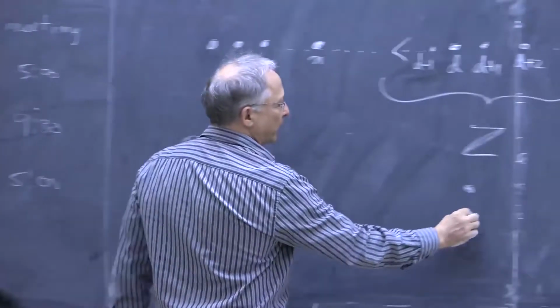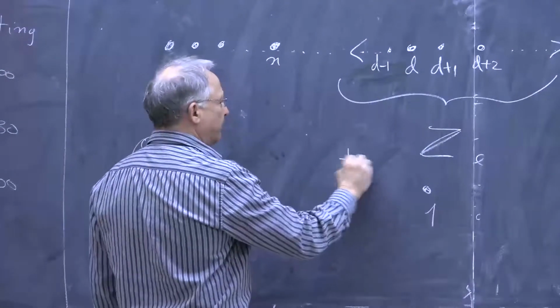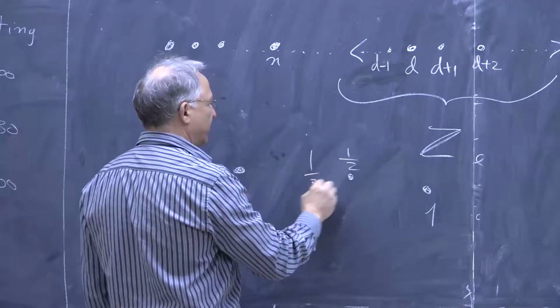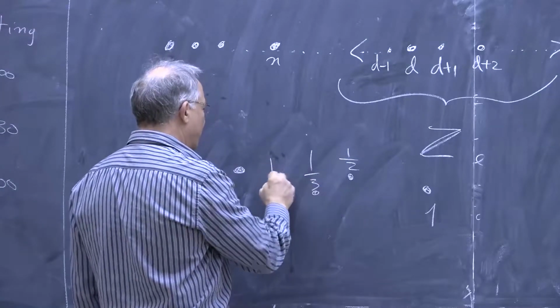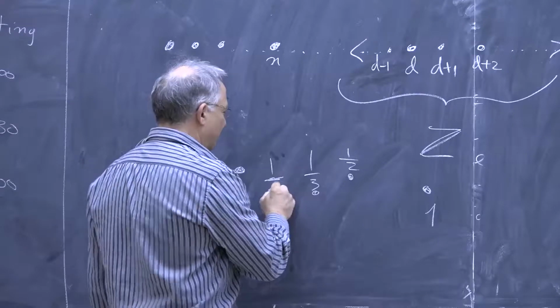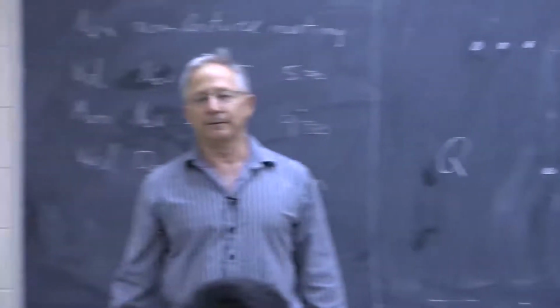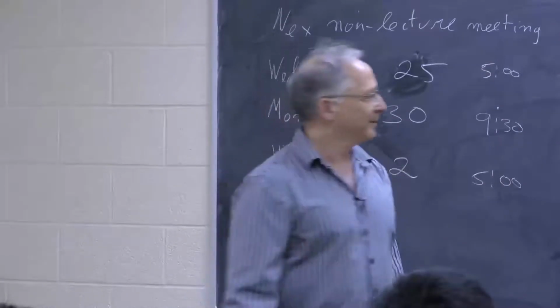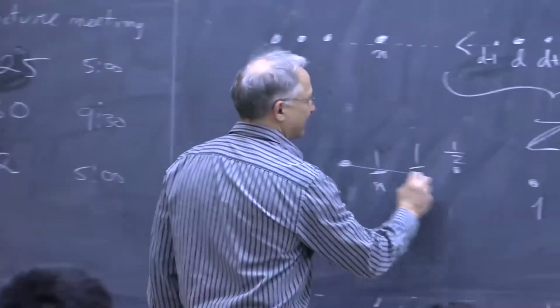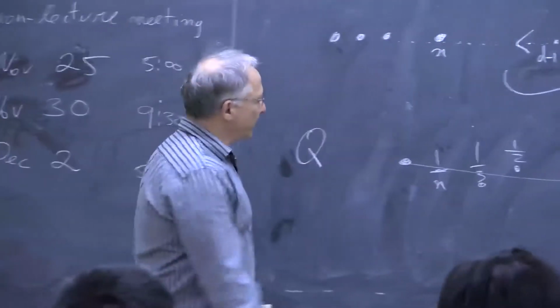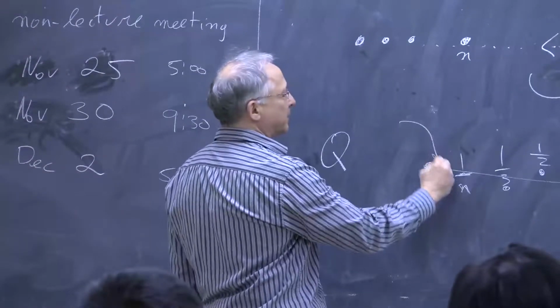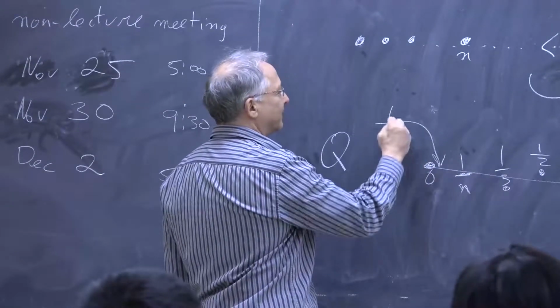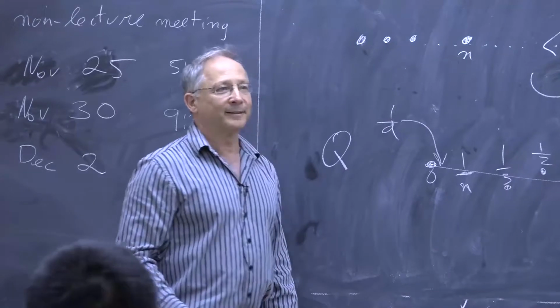Say here is 1, here is a half, here is a third, here is some 1 over n. What will happen to 1 over d? Where will 1 over d be? It will be closer to 0 than any 1 over n.